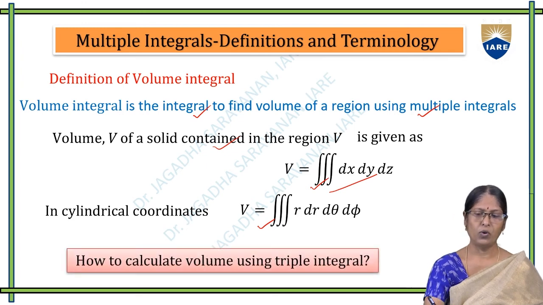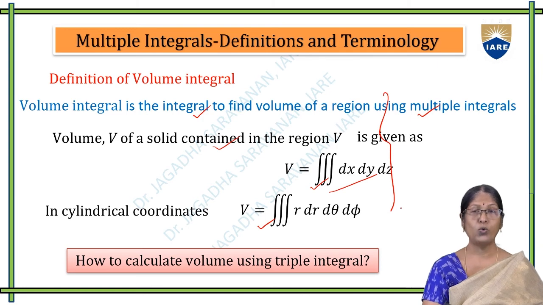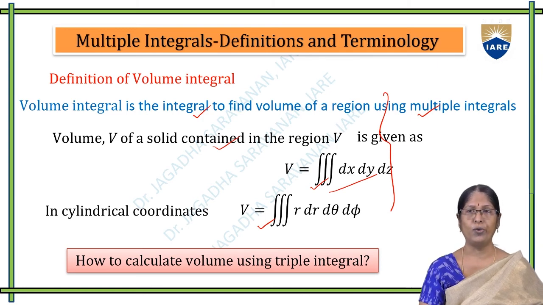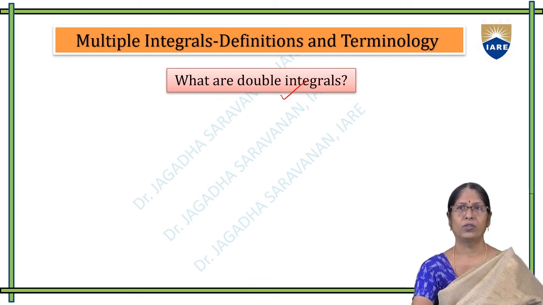So from this we can expect a question: how to calculate volume using triple integrals. Now, what are double integrals? For what we have discussed, complete definitions are explained in detail regarding multiple integrals, that is double integrals and triple integrals.